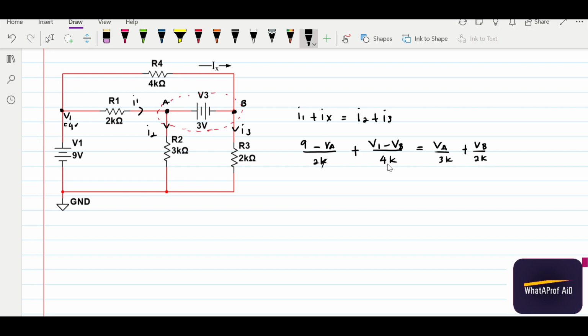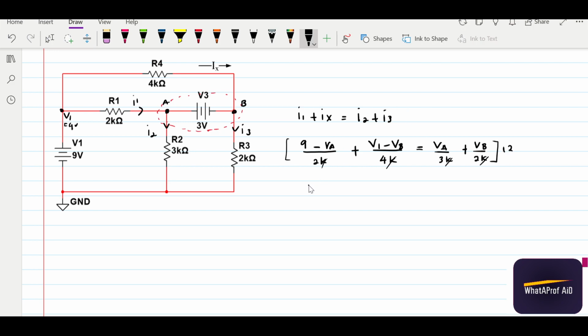And then this k can be eliminated since it is on both sides of the equation, and we multiply with the common multiple, which is the common multiplication for this, 12.